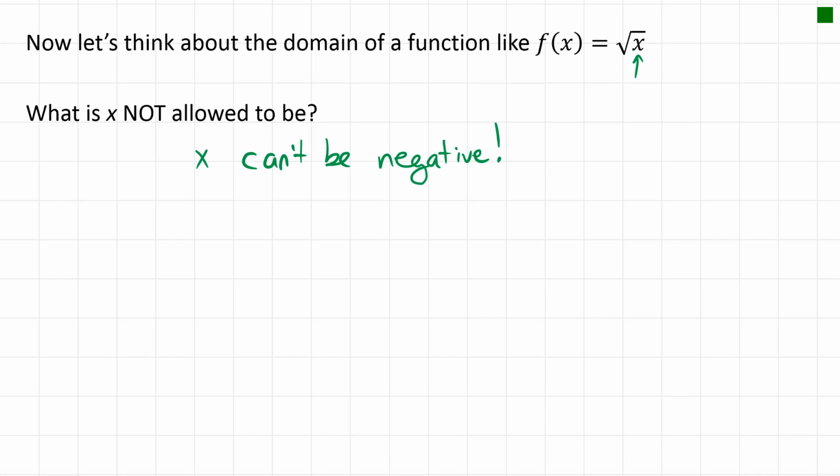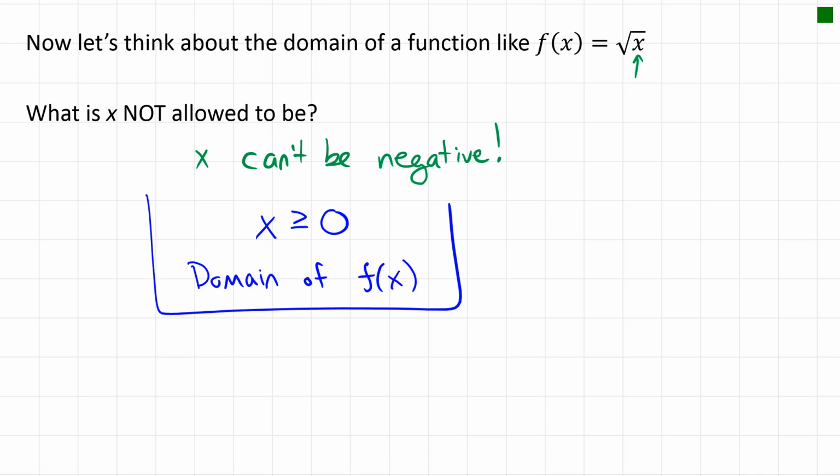And the way we write that is with an inequality symbol. So we'll say that x must be greater than or equal to 0. And this is the domain of f of x. So the radical, what's underneath the radical, has to be 0 or positive.